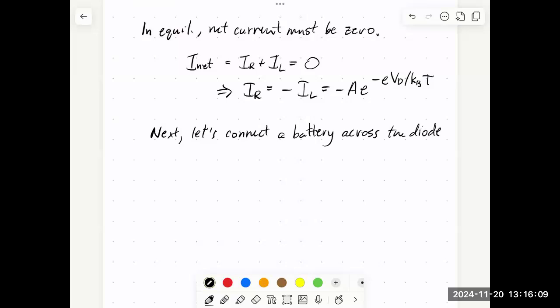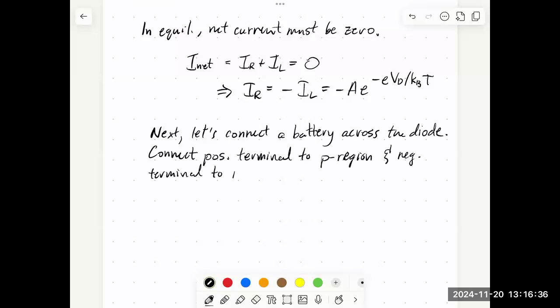And we're going to do it such that the P region is going to be at a higher potential than the N region. So we're going to connect the positive terminal to the P region and the negative terminal to the N region.